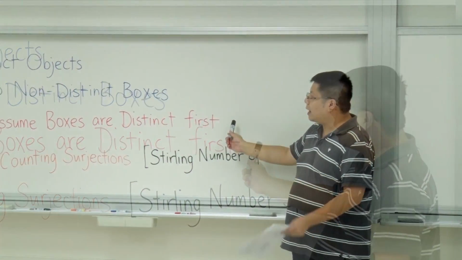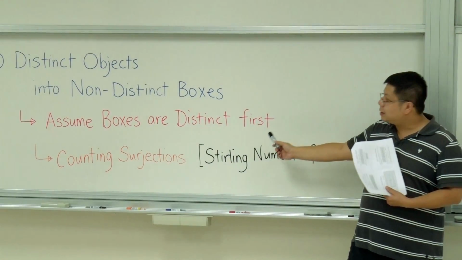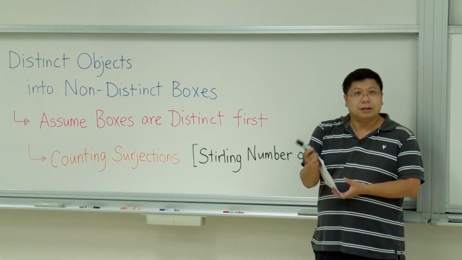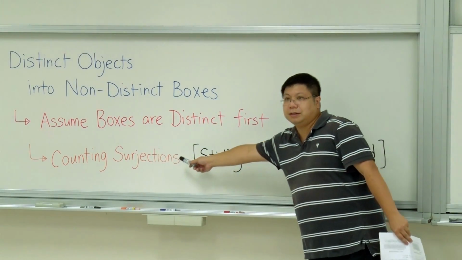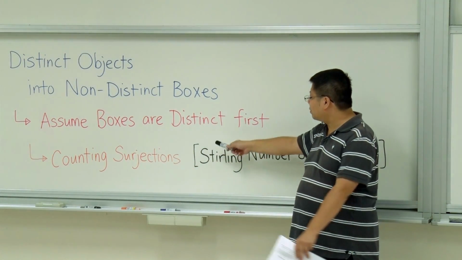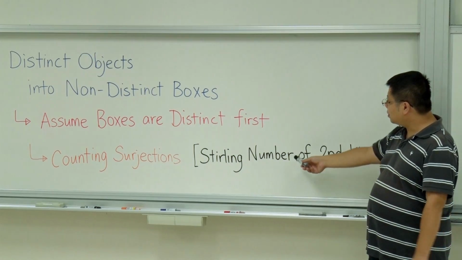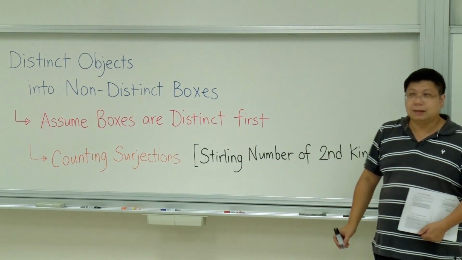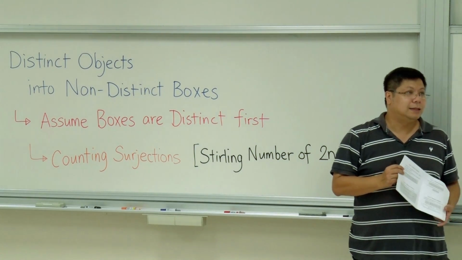The latter problem is related to counting the number of surjections. I will review what is meant by surjections, and all these problems are related to a special kind of number called the Stirling number of the second kind. Okay?